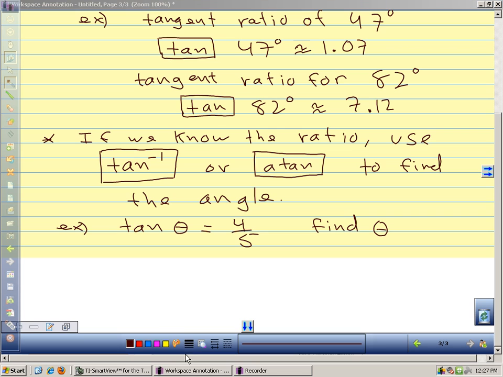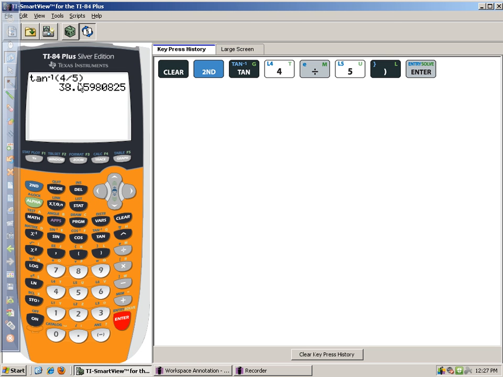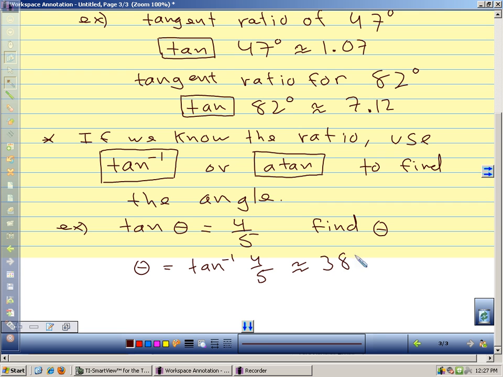So let me go back and I'll say theta is the inverse tangent of 4/5, which was approximately 38.66. So to find the angle, we use the inverse tangent.